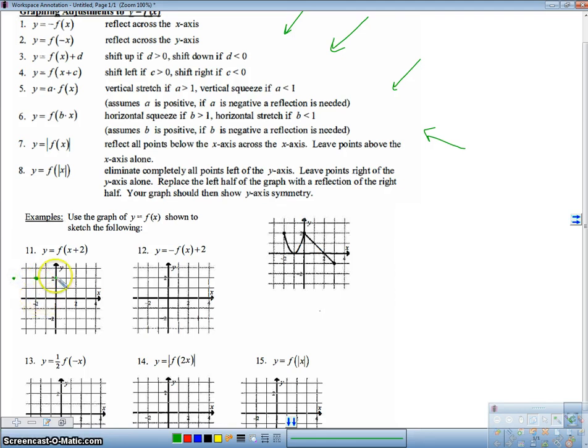It curved like this before, so now I'm going to put it right here. I'm shifting it over 2 units this way. 1, 2, 3, 1, 2, 3, oh, down 1, so I'm going to shift that over 2 and put it right there, and I'm going to have this picture here.